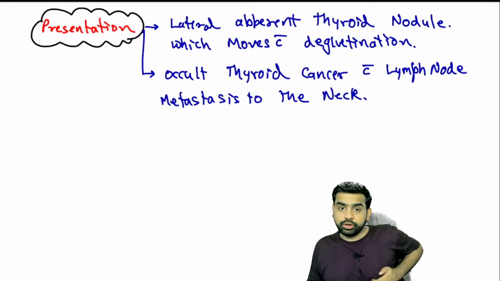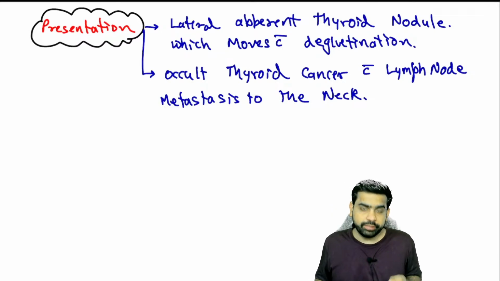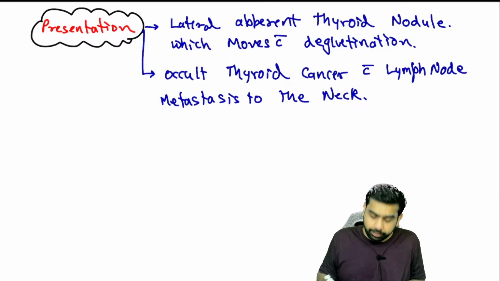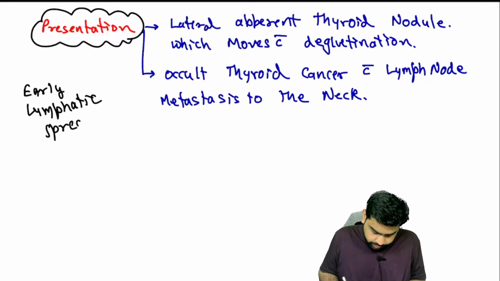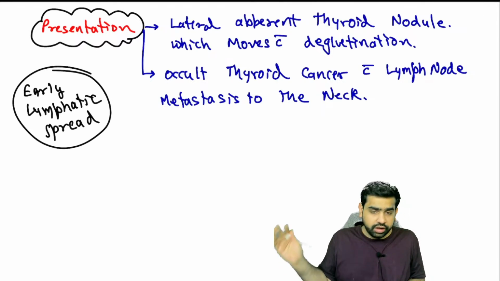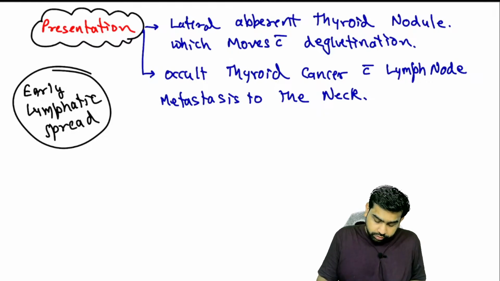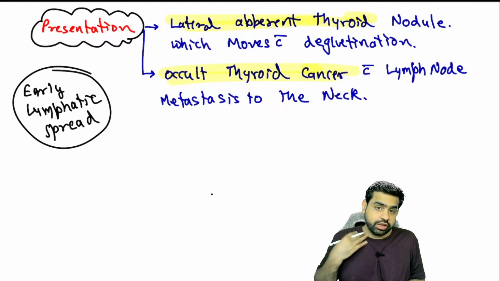Why are these things happening? Because in these patients there is an early lymphatic spread. So, very important: a lateral aberrant thyroid nodule which moves with deglutination, or occult thyroid cancer with lymph nodal metastasis to the neck. These are the important things which you need to understand.